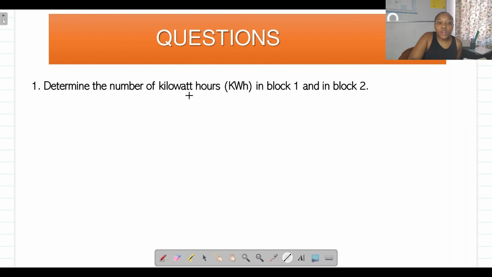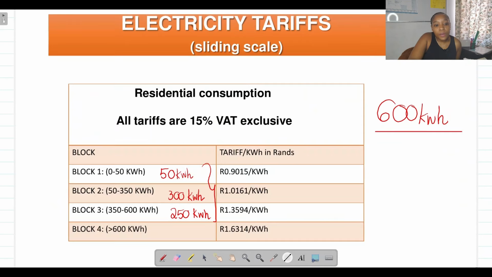Determine the number of kilowatt hours in block 1 and in block 2, right? So what is the maximum amount of kilowatt hours that you can use in block 1 and in block 2? Guys, we've already calculated this. The maximum kilowatt hours or units of electricity that you can use in block 1 is 50, and the maximum units that you can use in block 2 is 300, right?